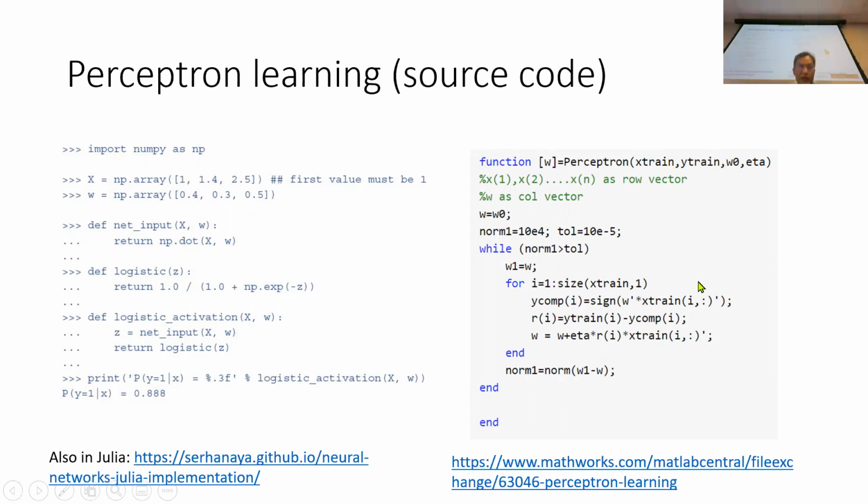This way, you do an iteration and update the weight through a couple of iterations, and then you look at the difference between your previous setup of the parameters and the next round. Not much change. When your norm is smaller than a certain cutoff, you will stop updating your vector set, your parameter set.